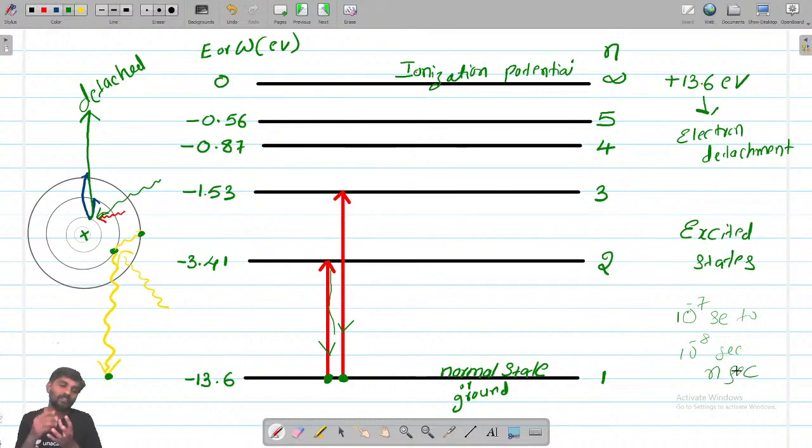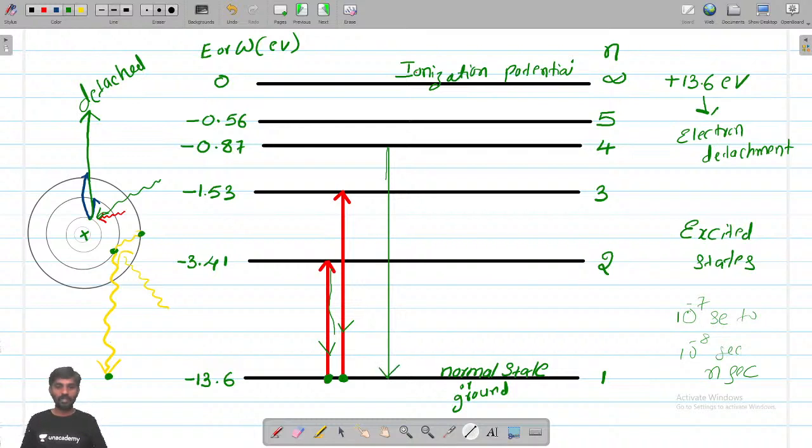So the electrons which are excited will not stay in the same position. They have to definitely come back. Let's say the electron is coming back from the fourth state to the first state.